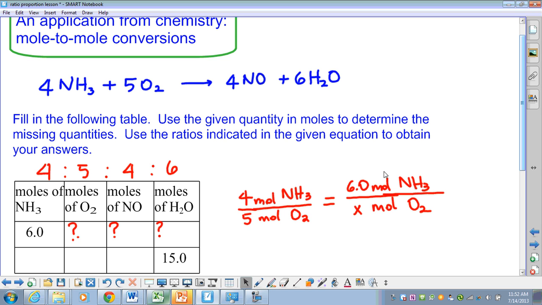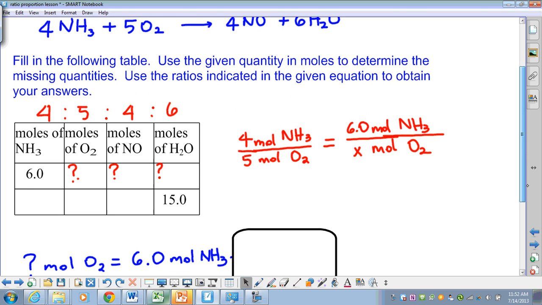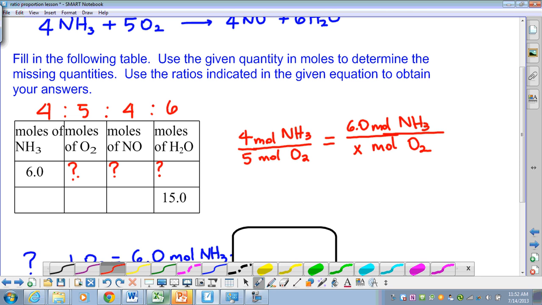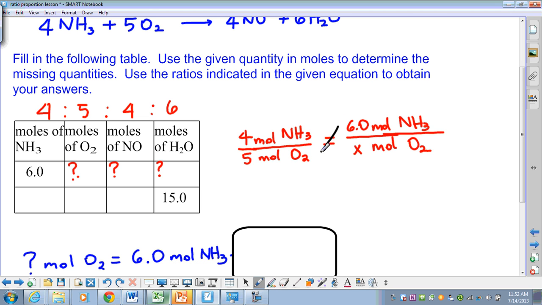Now that we have all the units matching on the top, matching on the bottom, at the moment I'm going to ignore the units and just solve this as a simple equation. Remember the cross multiply method: the product of this times that will be equal to the product of this times that. So 4 times x, again ignoring the units, equals 6.0 times 5.